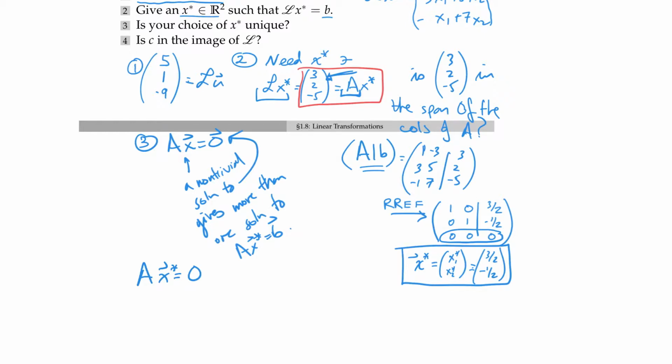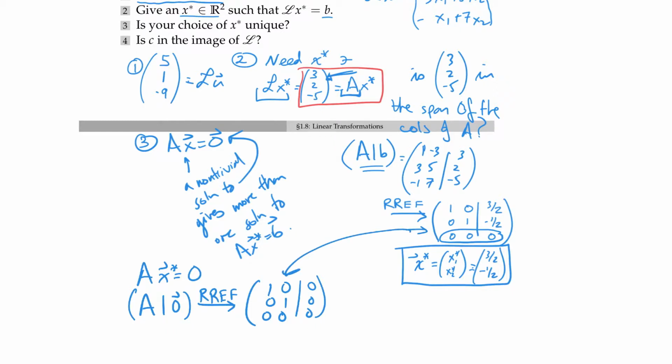If you stop and think about it, taking the augmented matrix A with 0 and taking its reduced echelon form, I'm going to get 1, 0, 0, 1, 0, 0, 0, 0, 0. I get the same reduced echelon form here for the coefficient matrix that I would over here. It's just the right-hand side of this vertical bar stays the same as a 0 the entire way through.